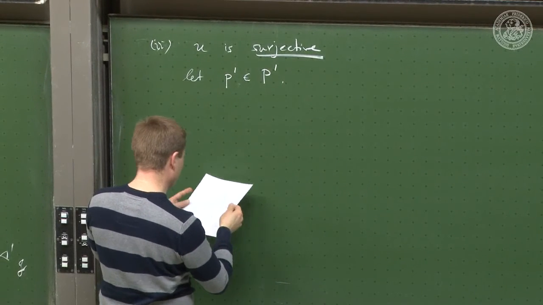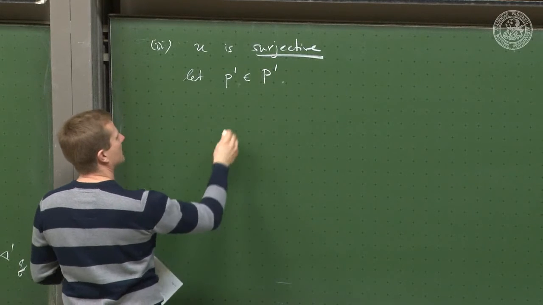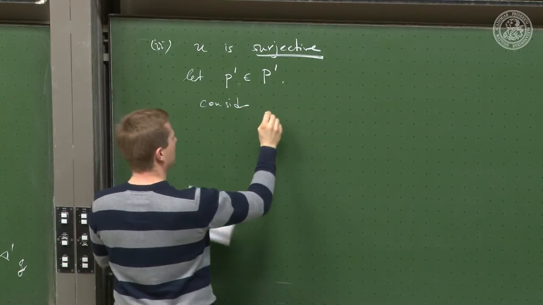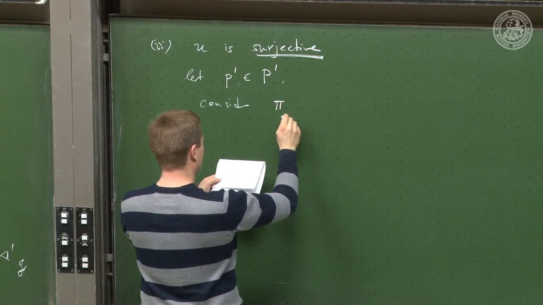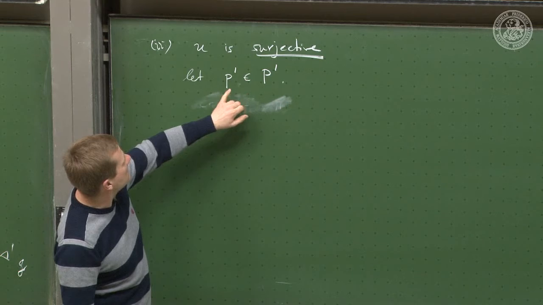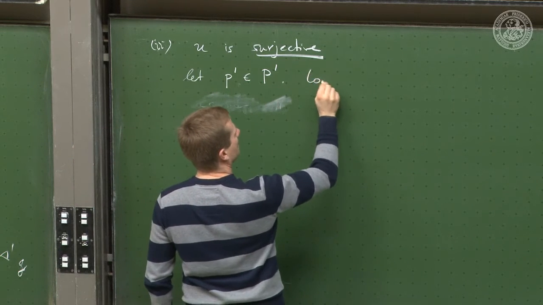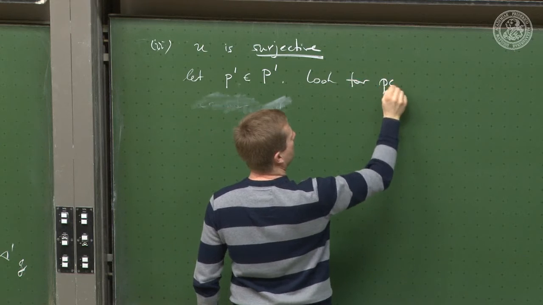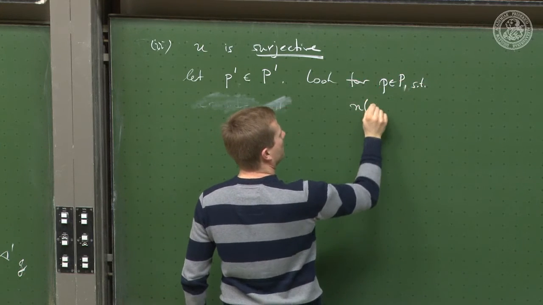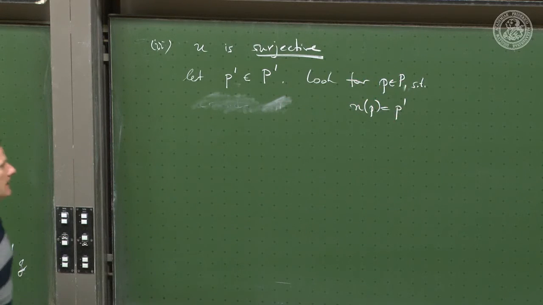We'll see in a second why. So again, we're looking for a point P in P such that U of P is the chosen P prime, okay?